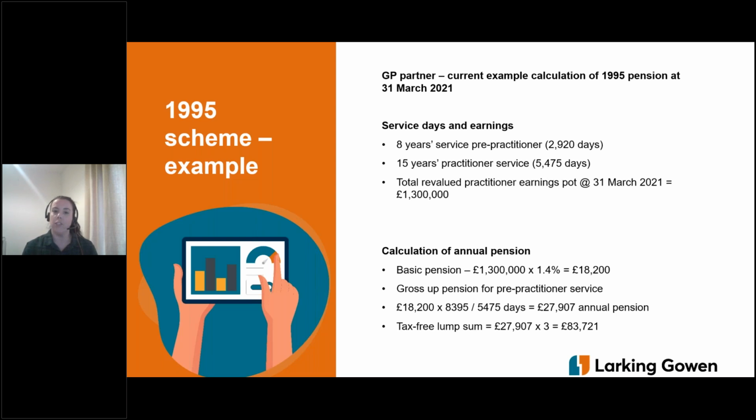We then have to factor in this pre-practitioner service, because as Lizzie mentioned, within the income amounts that you may see on a total reward statement, which we are going to go through a little later, you won't see this hospital pay. So we need to effectively gross up that 18,000 pension to take into account for this fact that you were paying into the pension at that point.